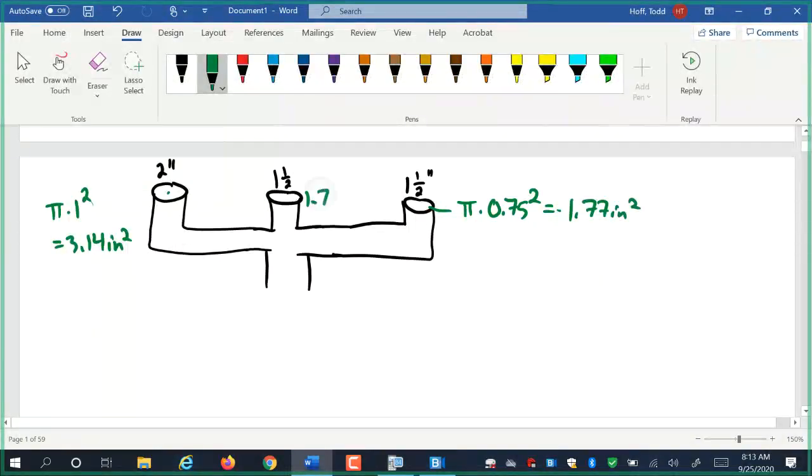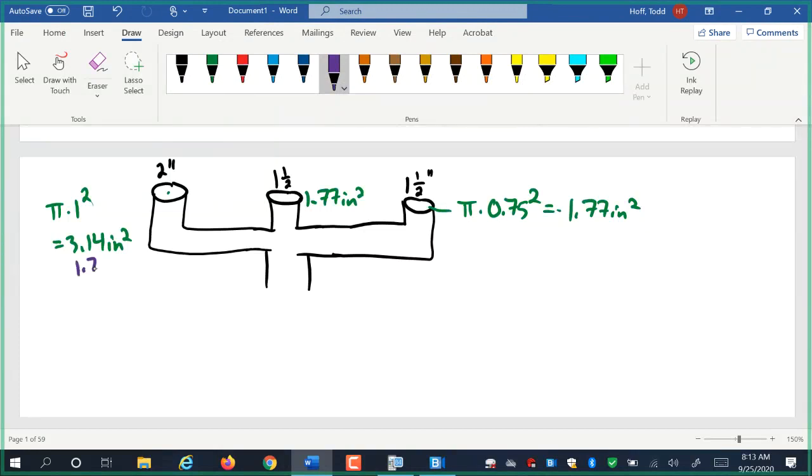And of course, we have 1.77 square inches here. So we add all those together to get a total here. 6.68 square inches.